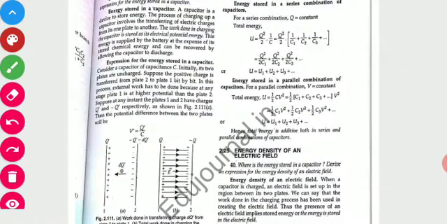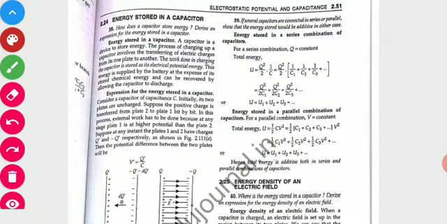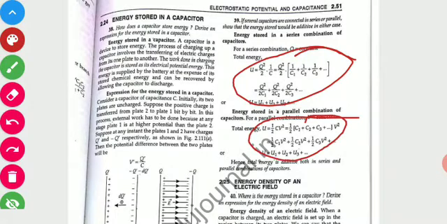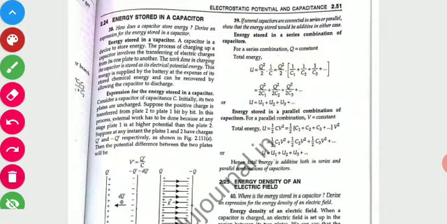So in general, the energy stored in a series combination of capacitors can be calculated by using this formula, and for parallel by using this formula. So these are the two formulae to calculate the total energy in the series and parallel combination.